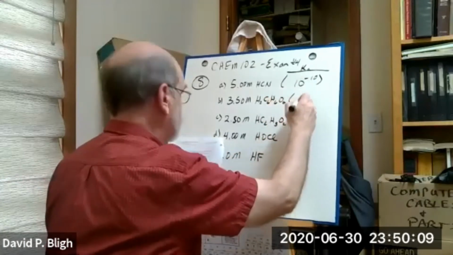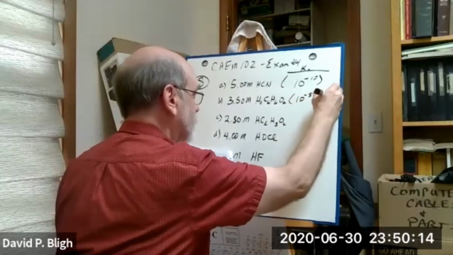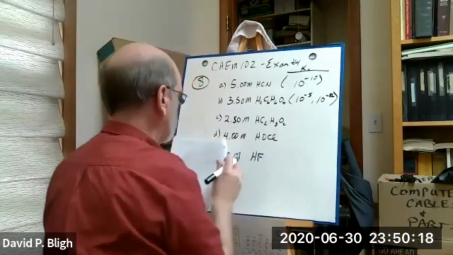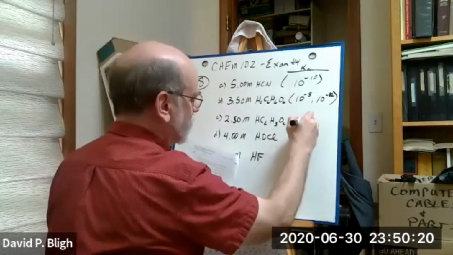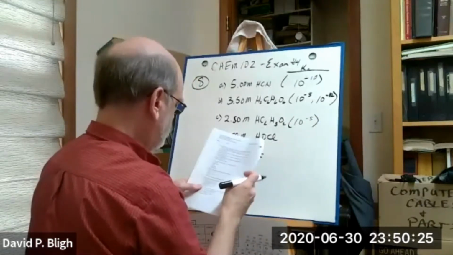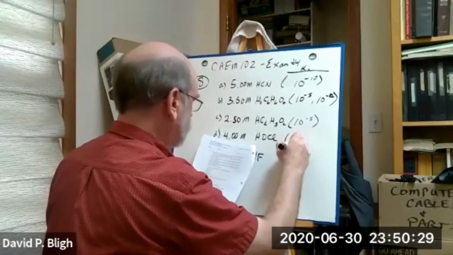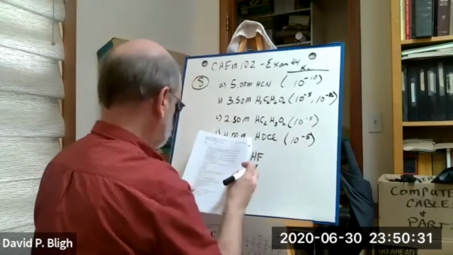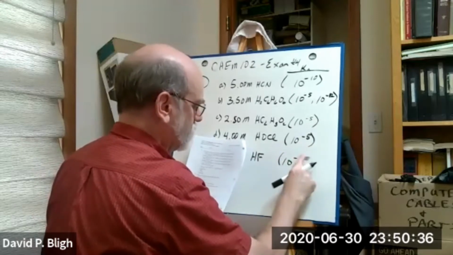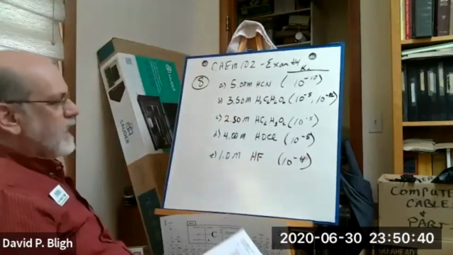This is 10 to the minus 5 and 10 to the minus 12. Acetic acid is 10 to the minus 5. And hypochlorous acid is 10 to the minus 8. And HF is 10 to the minus 4. Okay.